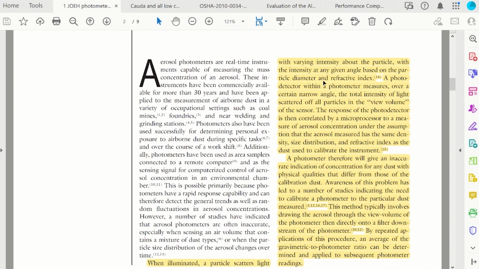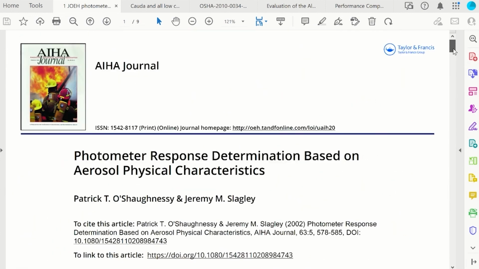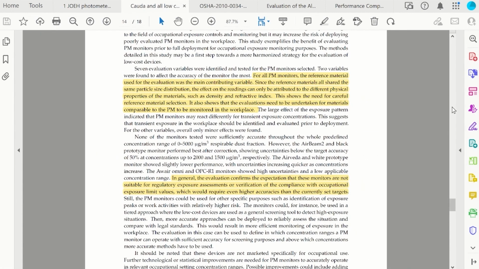So the point here is that these are the things that cause differences: the density, the refractive index, and the size distribution. But this is one of the many good articles that you will find.